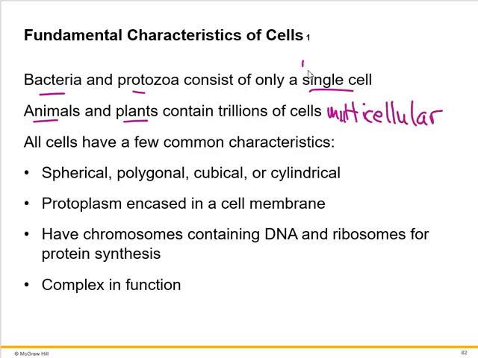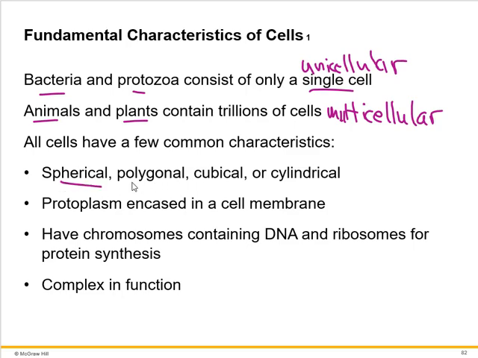Where this is a single cell, this is unicellular. All cells, so organisms can be multicellular, unicellular, but all cells have a few common characteristics.